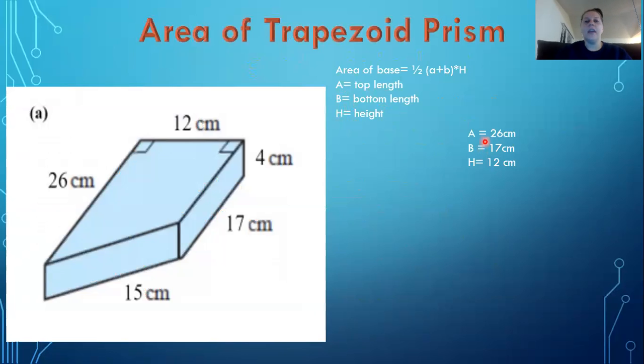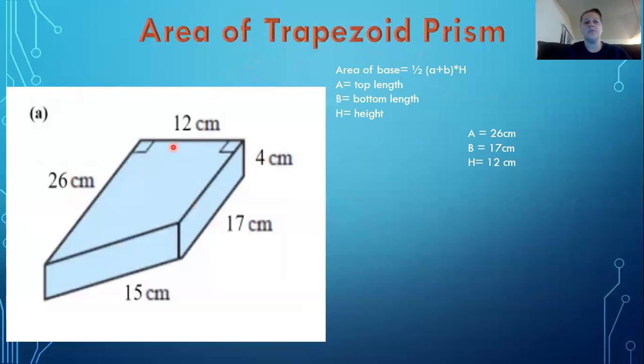So over here, our a, our top length, we see is 26 right here, because if we turned this figure on its side, this would be our top, 17 would be our bottom, because you see that this right here is the same length as this one, so this would be 17 as well. And our height, you may want to assume it's this 4 centimeters, but this is not what we were wanting.